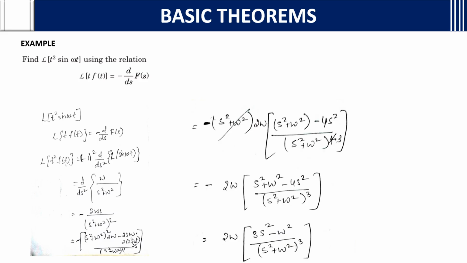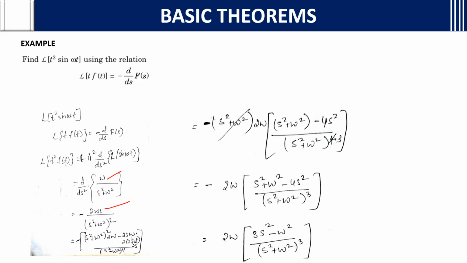Why? Because omega is not mentioned in the d by ds, so omega is a constant here. Only the terms in s need to be differentiated. So d by ds of omega by s square plus omega square gives 2s, with omega present, over s square plus omega square whole square.